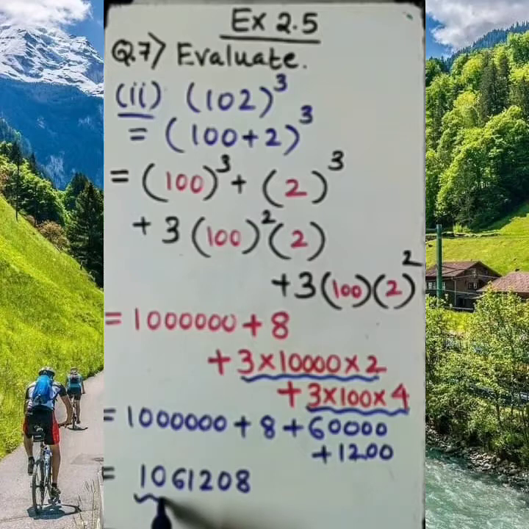If you are not comfortable doing the addition directly, just use your rough column and try to add. Sure, you will find this answer. That's why we can say the cube of 102 is coming 10,61,208. This is the answer. I hope it's clear to you.